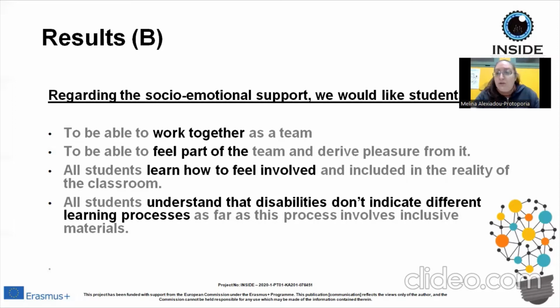All students, of course, will learn how to feel involved and included in the reality of the classrooms. And students understand that disabilities don't indicate different learning processes, as long as this process involves inclusive materials.